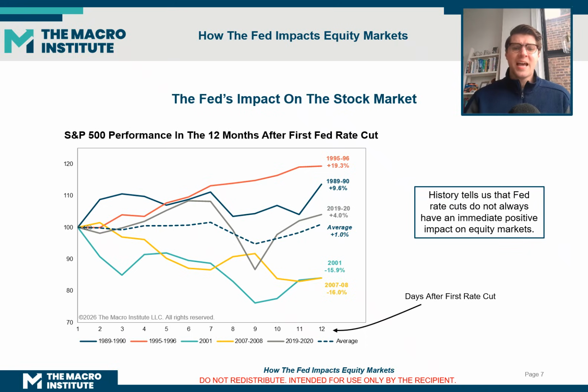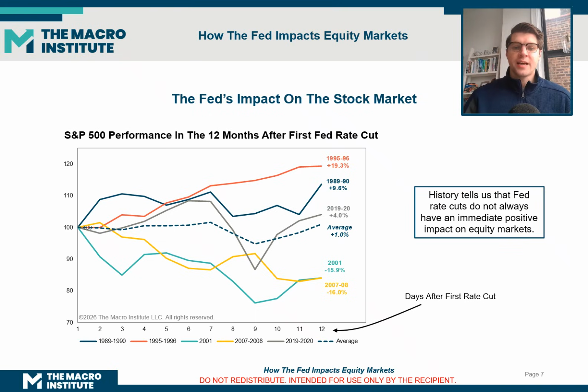And so you can see from these equity returns here, there's really a mixed bag. So in the 12 months after the initial Fed rate cut of a cycle, the average return across these 5 instances that we looked at was just plus 1%. And you can see 3 of them were positive, but 2 of them were really, really negative, 16% down in each instance.